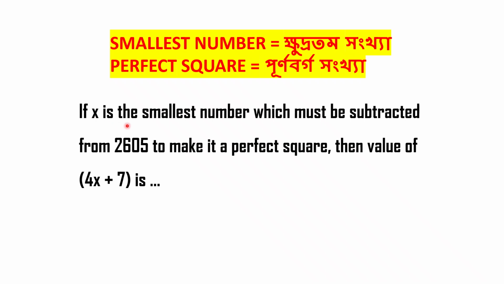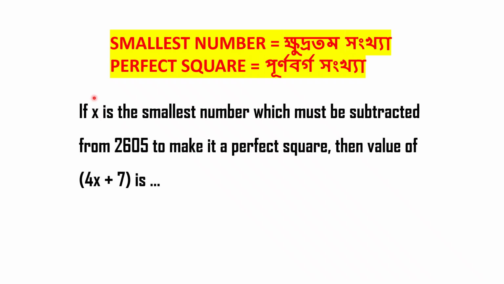If x is the smallest number, smallest মানে সবথেকে ছোট সংখ্যা, x is the smallest number which must be subtracted from 2605.